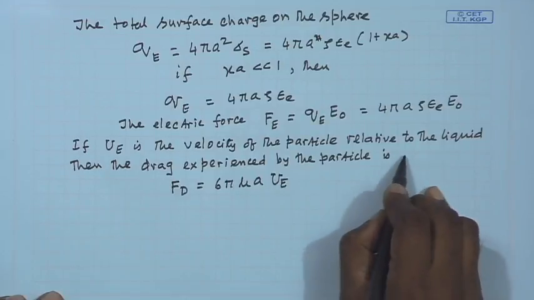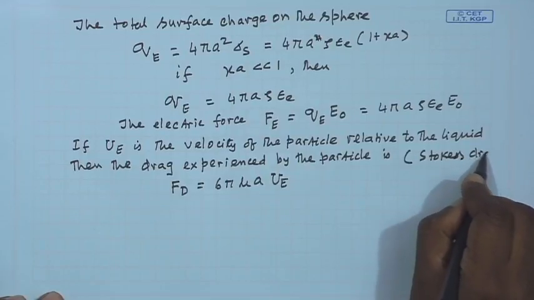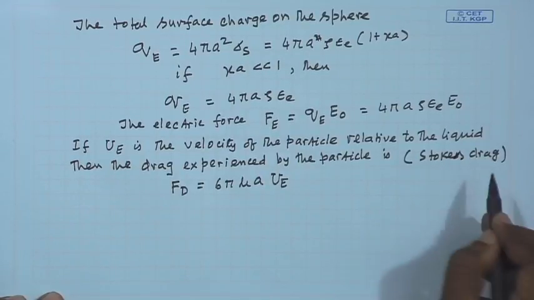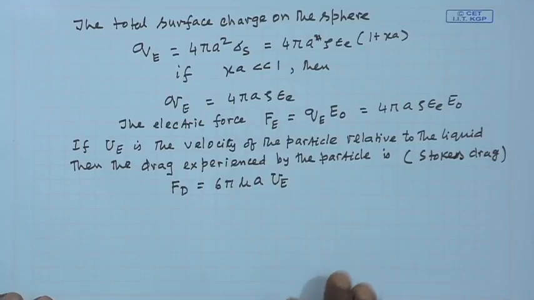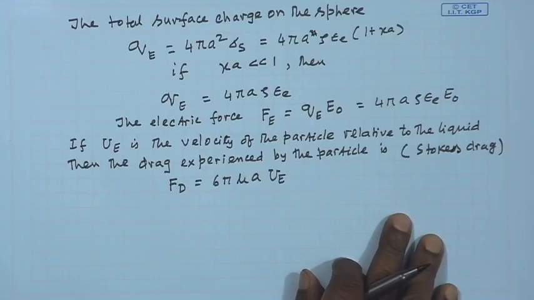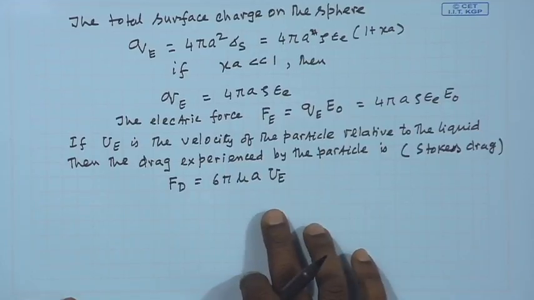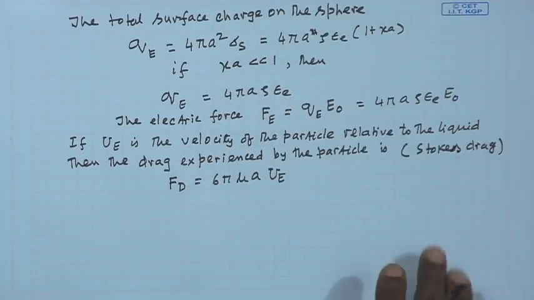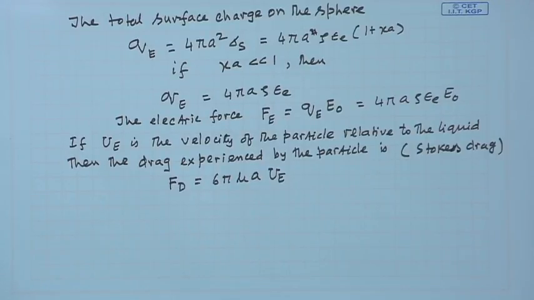We can call this the Stokes drag basically, because only this simple form we get under linear Stokes flow. If there is flow separation and recirculation formation, then this is no longer valid. So, here of course, fluid velocity u e is quite small, that means the Reynolds number basically has to be lower than 1, which happens in the electrophoretic situation. So, Stokes drag, one can assume this formula.